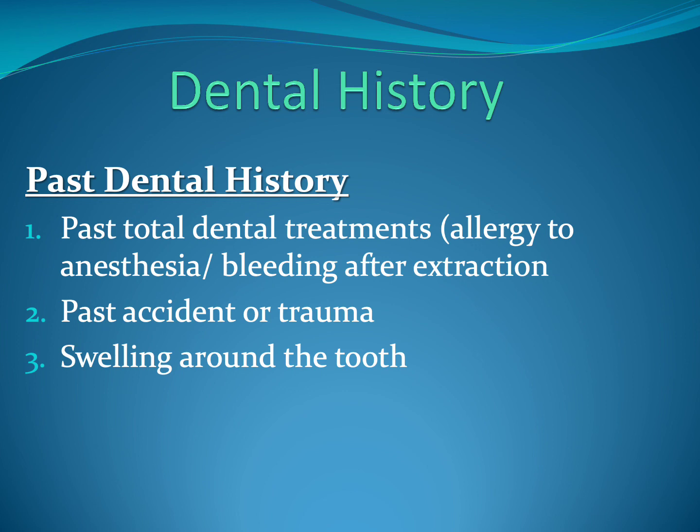The past dental history is very important in endo, because 90% of the patients come to the clinic and say to you, this tooth was hurting me since 3 or 4 months ago, and I took antibiotic and analgesic and the pain was relieved.